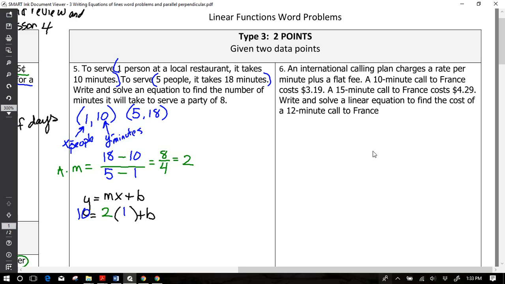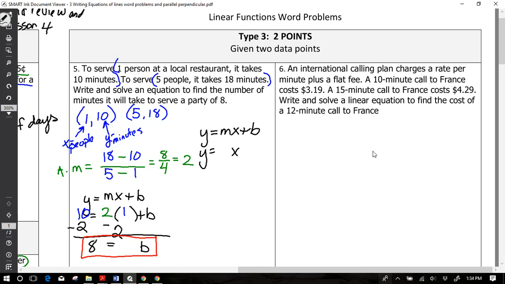And now I'm ready to simplify. 2 times 1 is 2, and I'm going to need to subtract that from both sides. And b equals 8. So if I were to write the equation of the line, it would look like this, where I would plug in 2 for my slope and a positive 8 for my y-intercept.